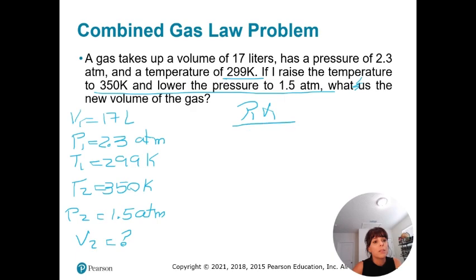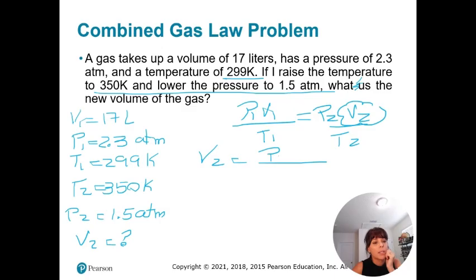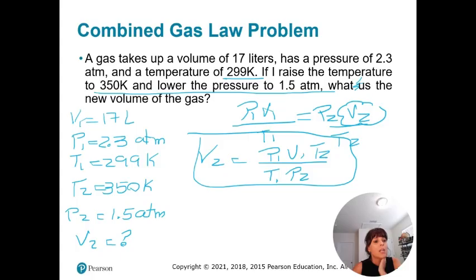P1 V1 over T1 equals P2 V2 over T2. I want the volume, so I'm going to isolate that. So it will be P1 V1 T2 divided by T1 P2. Okay. So now I'm going to put all my data over here.